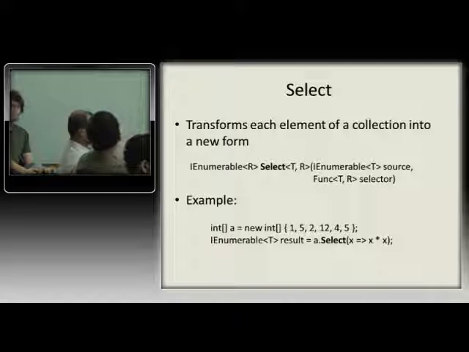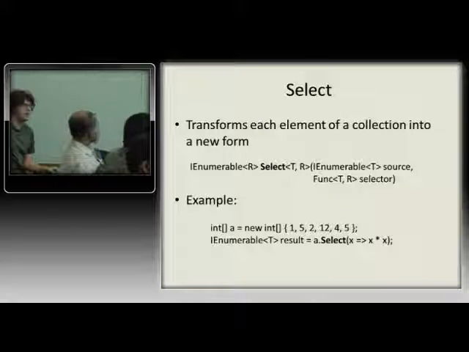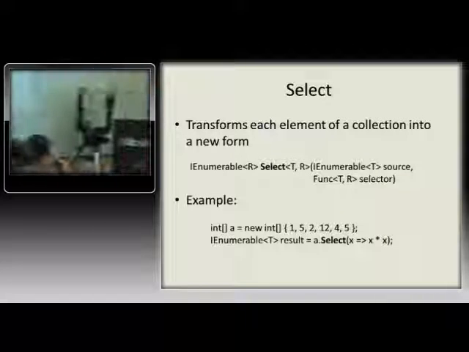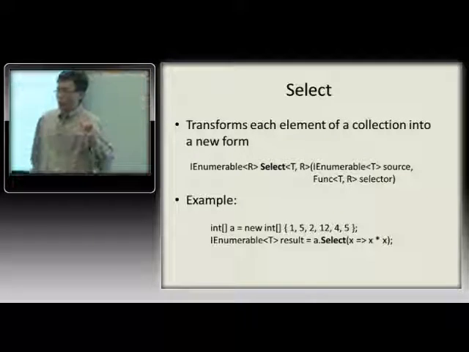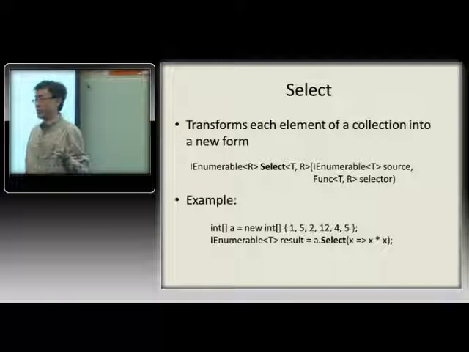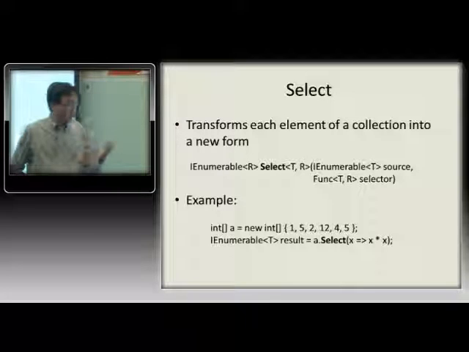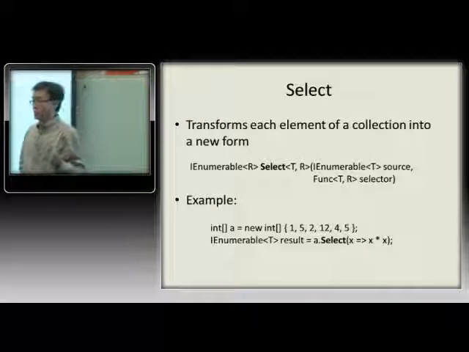So select is kind of an iterator, where you apply a function. It's map. So all the operators come from the SQL background, and another way of calling select is projection. People typically call it a projection operator. But here is a generalized version of the projection.